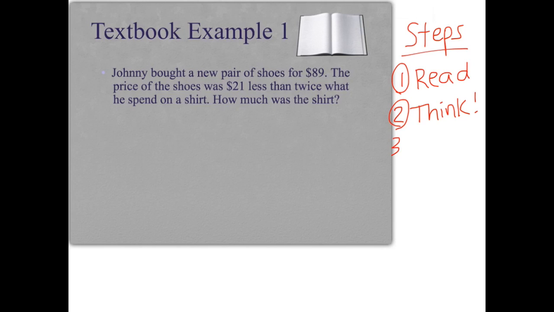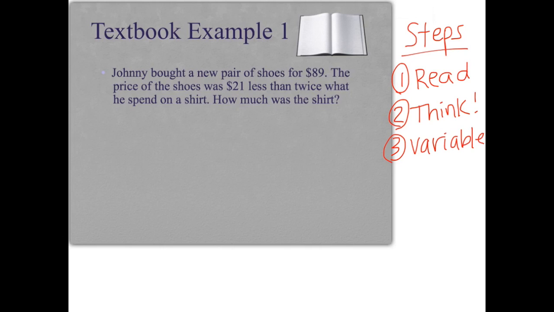Step 3, the variable. Okay, we need a variable. We need to find what our unknown is and what variable we need to give. Okay, so Johnny bought a pair of shoes for $89. So we know how much he paid for the shoes.